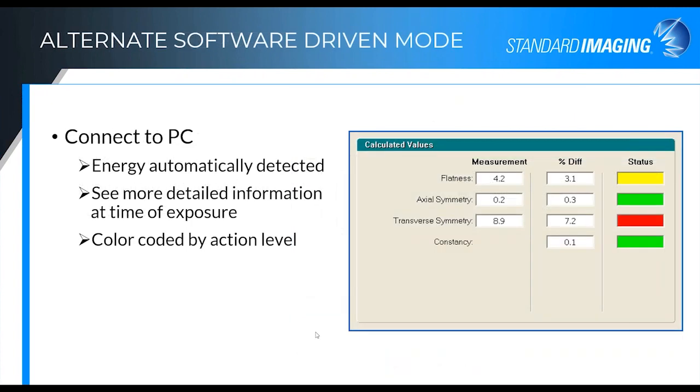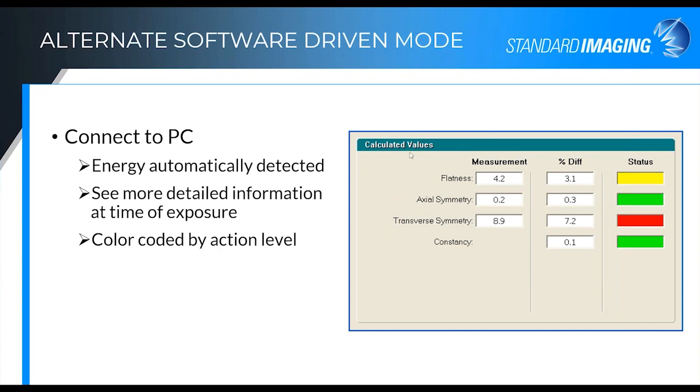On the PC side, if you are actually running the software in the PC mode where you're getting real-time data, all of the actions are very similar. You do get just a little bit more information. So as an example here, rather than just getting a CST value saying I have an error, you see an actual number of the measurement.